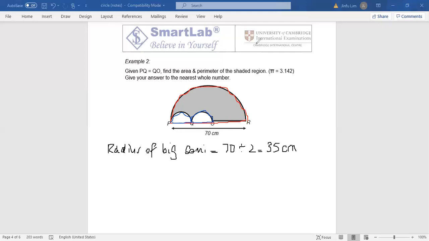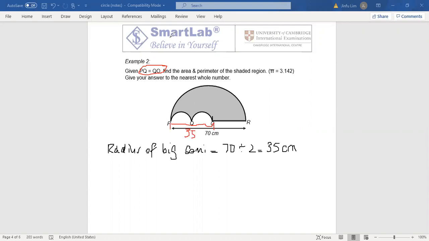Then given that PQ is equal to QO and O is the center of the circle, we know that from P to O is actually the radius, which is 35.